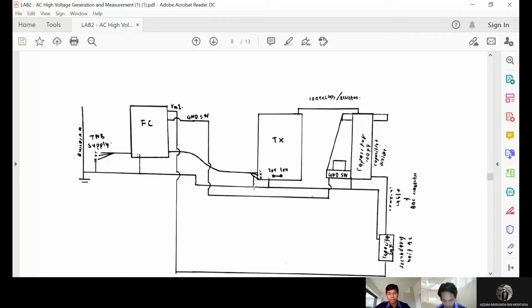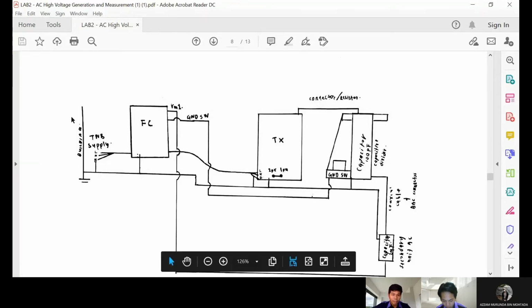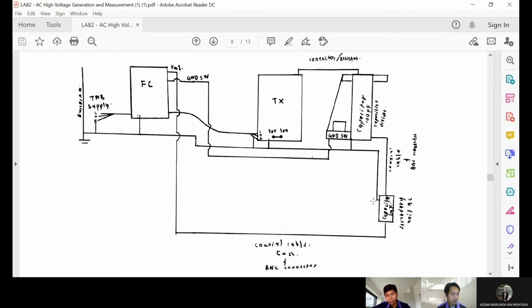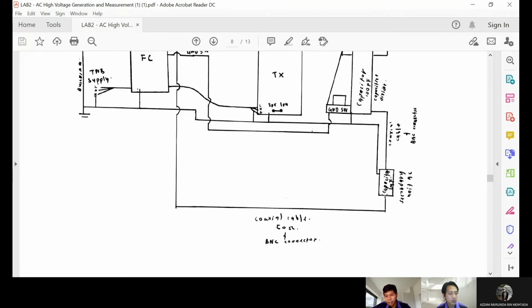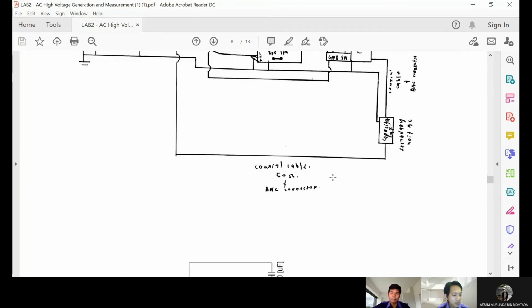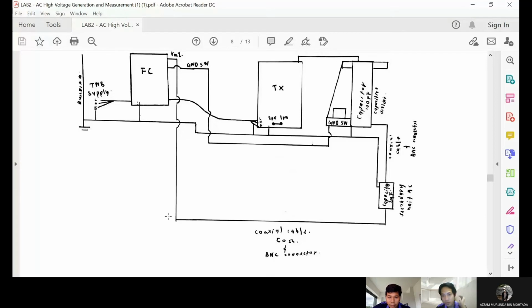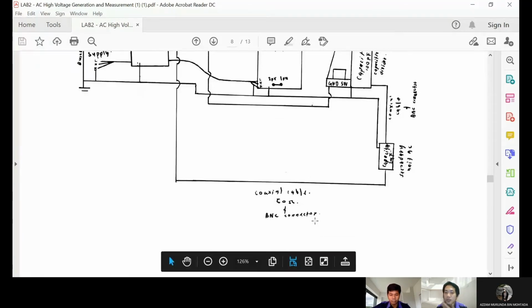This is the system that we need to describe. Firstly, the supply is generated from the FC and goes through the transformer, and the transformer is connected to the capacitive load at the secondary unit AC, which uses the coaxial cable between the FC and the capacitive load.